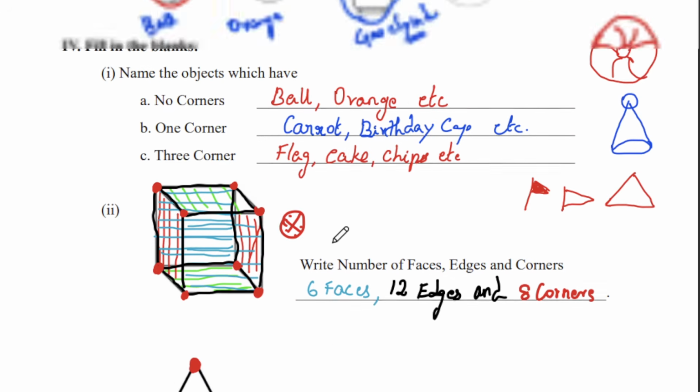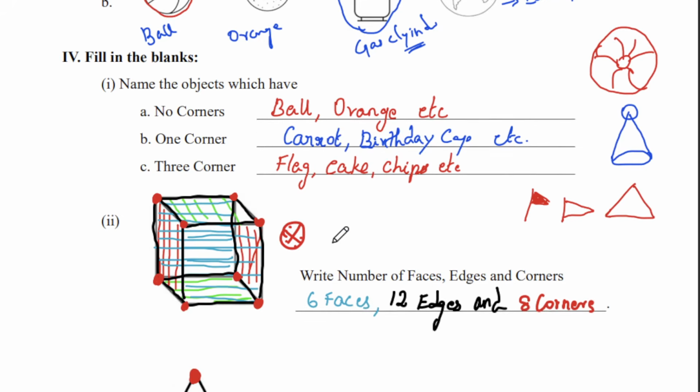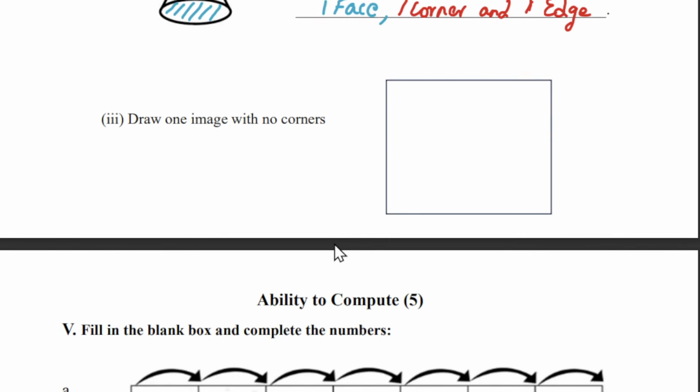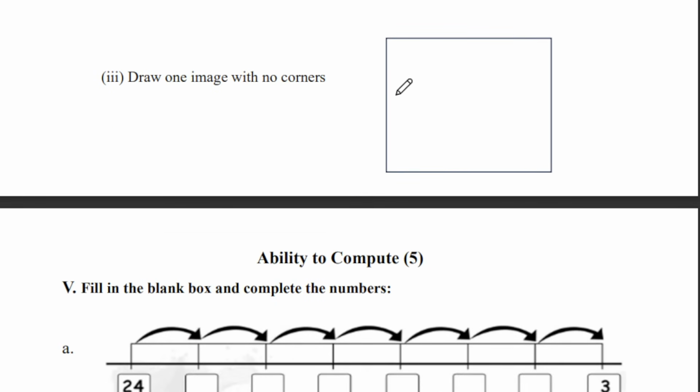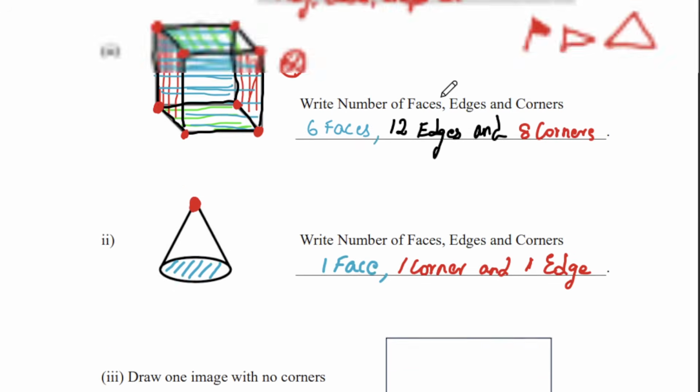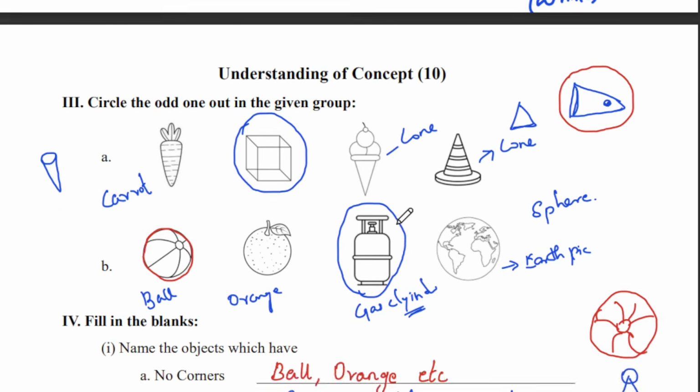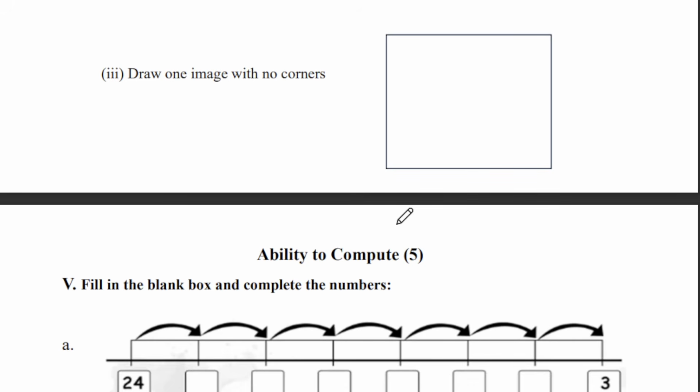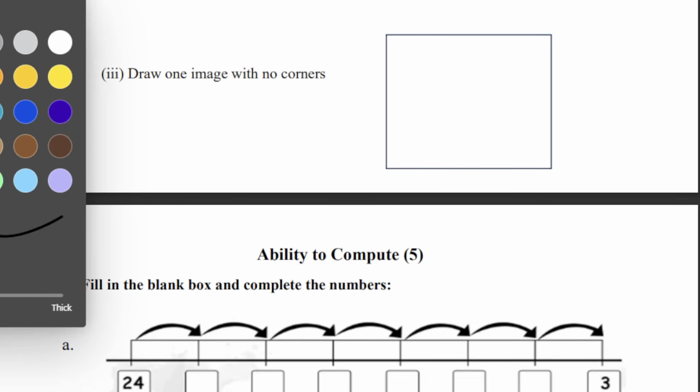So next, draw one image with no corners. Which image has no corner? A pear shape doesn't have any corner. So you can draw the shape of a ball which has no corner.